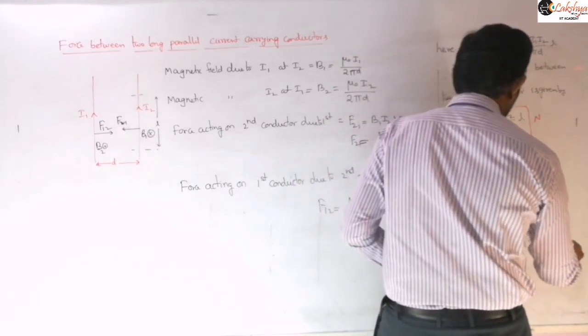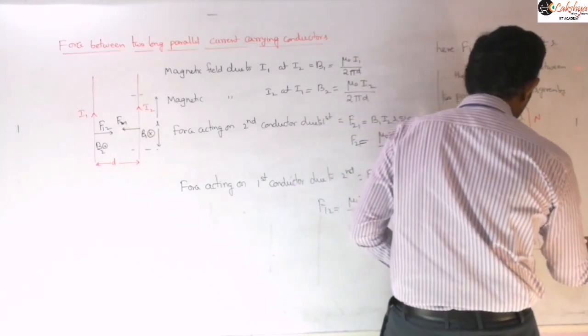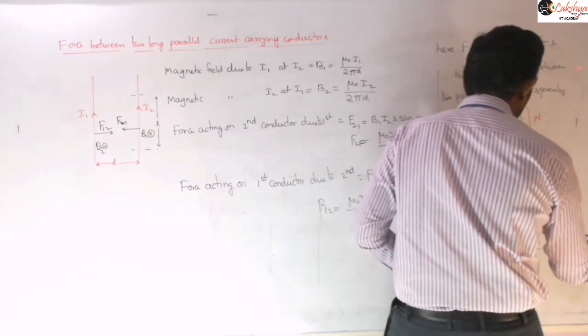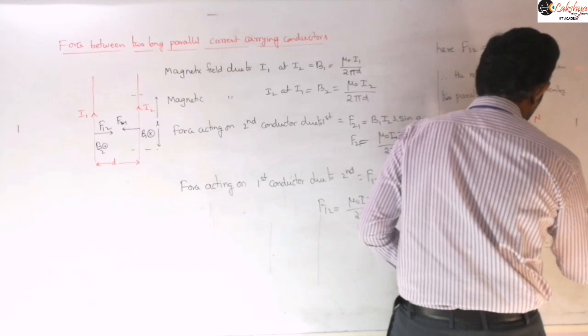So this value is 2 into 10 power minus 7 Newton per meter.